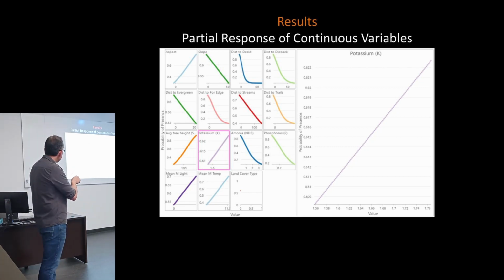Here the y-axis shows the variable, distance to evergreen, and the x-axis shows the probability. So the probability decreases with distance to evergreen. That means the farther away you are from an evergreen tree, from a conifer, from a Douglas fir, the less likely you are to find holly. So holly really likes to be close to evergreen trees, Douglas firs, cedars, and there is a spatial association between holly and these other big trees.